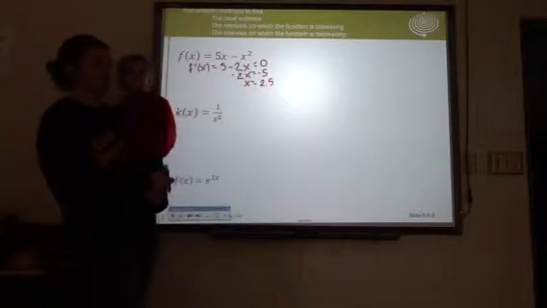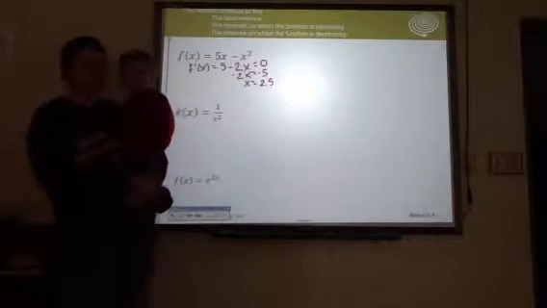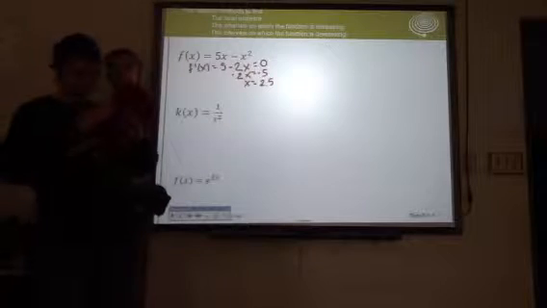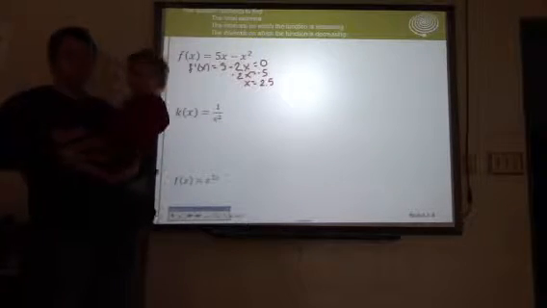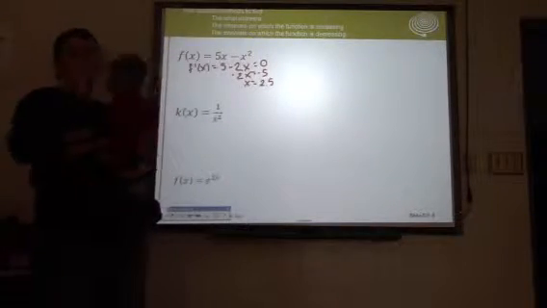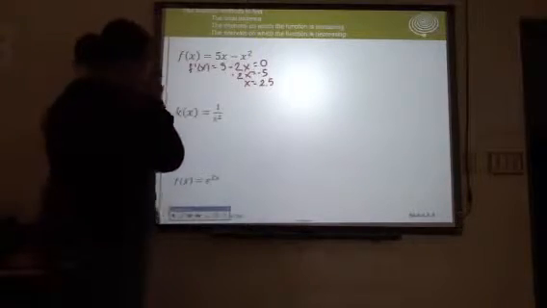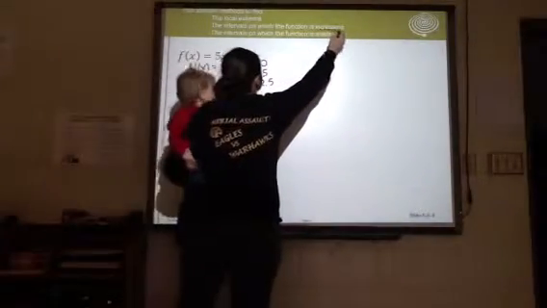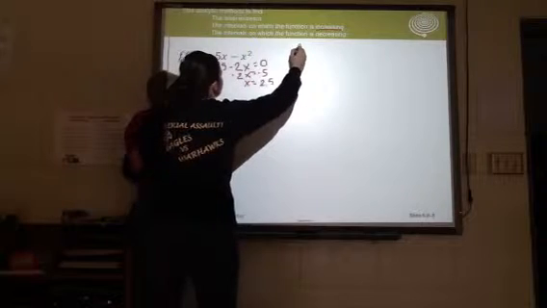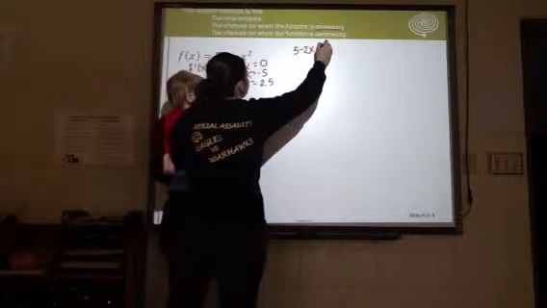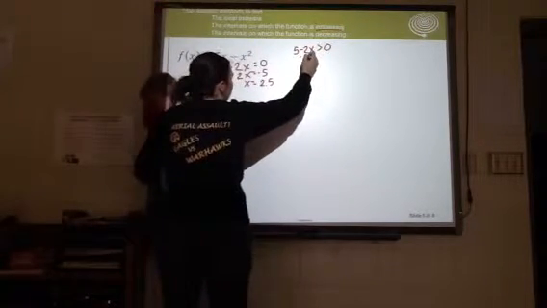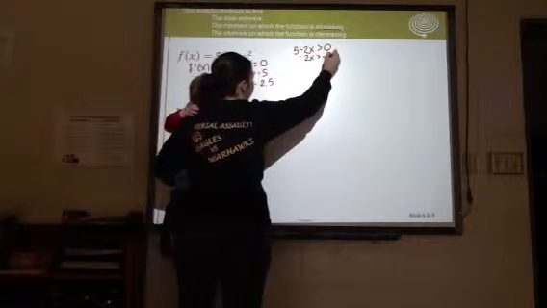In order to find that, let's find the increasing and decreasing intervals, because then we'll know whether it's a maximum or a minimum depending on whether it's increasing first or decreasing first. So to find where it's increasing, I'm going to take that derivative, 5 minus 2x, and set it greater than 0. So negative 2x is greater than negative 5.